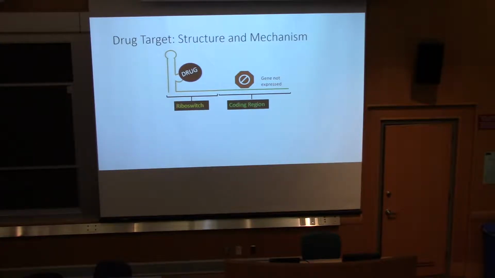Again, having that drug target mentality, we would love in the future to have a drug mimic the ligand so that when the drug is targeted to the riboswitch, it binds to the riboswitch and prevents downstream expression, hopefully of genes that encode for proteins necessary for cellular growth.